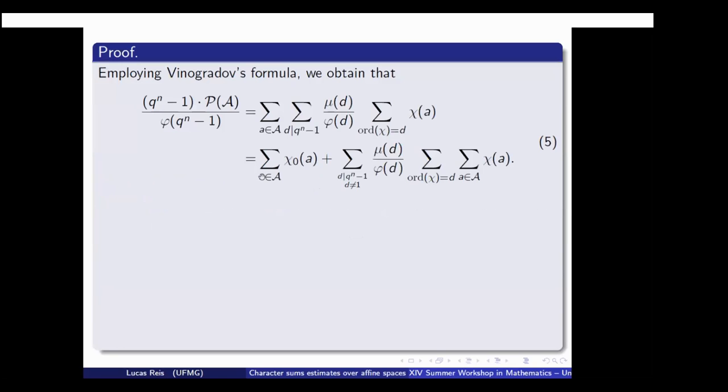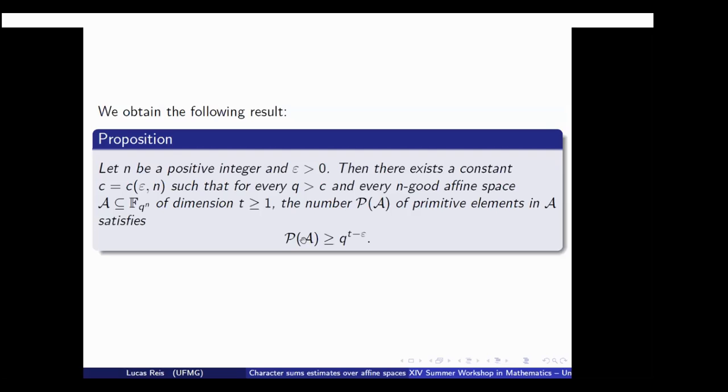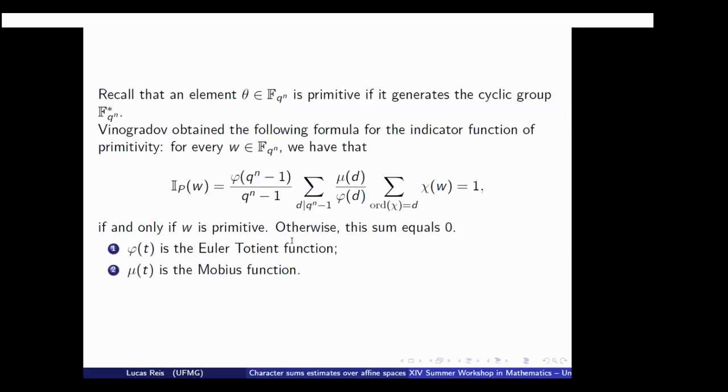So the proof is quite simple. We just plug in the indicator function, right? So P_A is the number of primitive elements in A. I just sum the indicator function of W over A, right? So I'm summing over all the W's in A. I want to find the elements in A that are primitive, right? So it's just the sum of the indicator function.